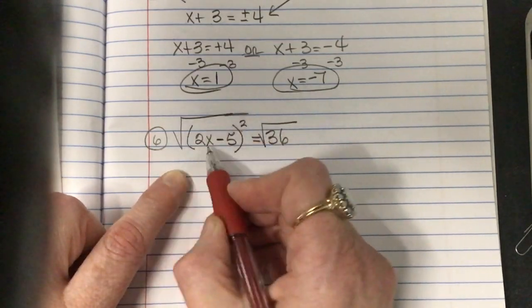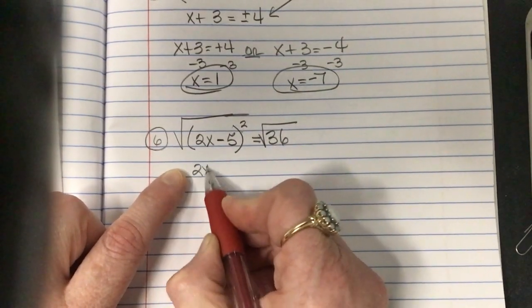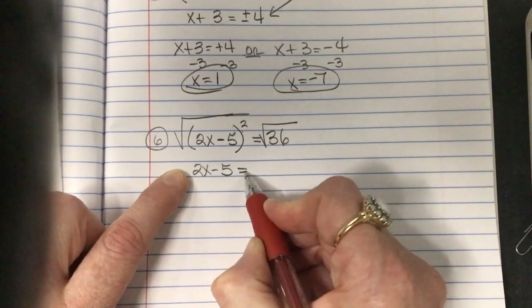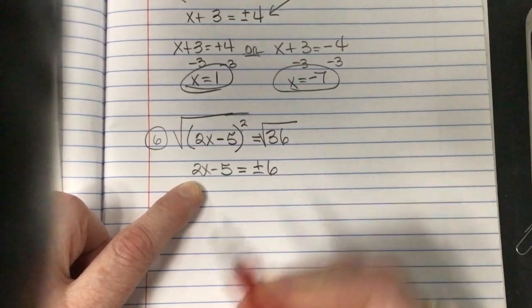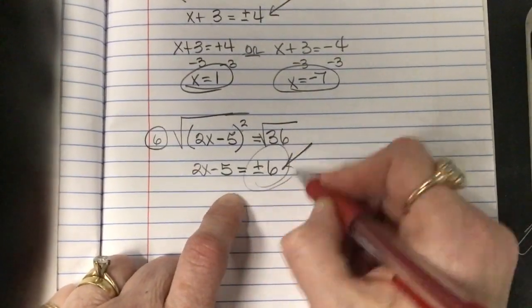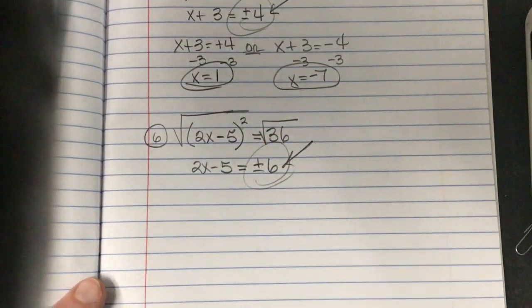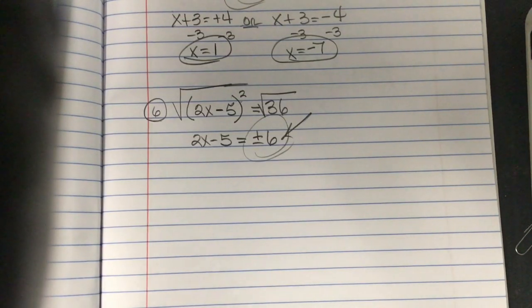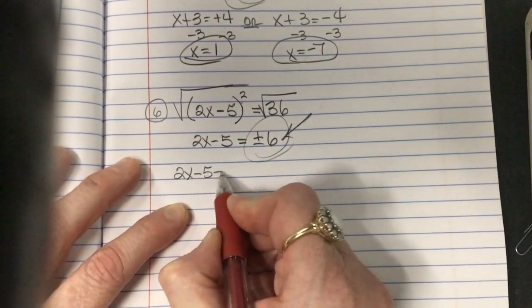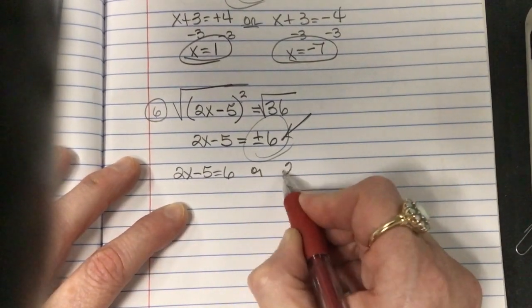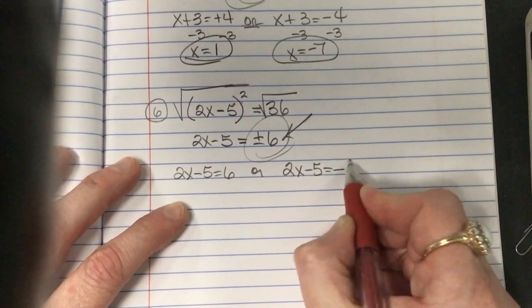So the square root of this gets rid of the squared, and I have 2x minus 5 equals, now what's the square root of 36? Positive or negative 6. There's your big red flag. So 2x minus 5 equals 6, or 2x minus 5 equals negative 6.